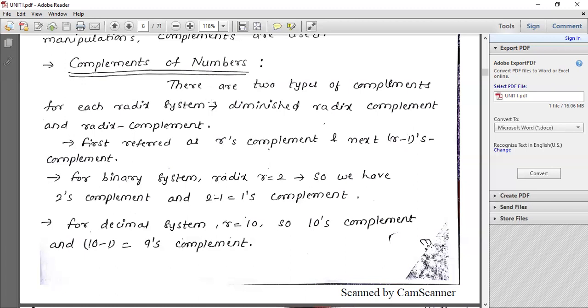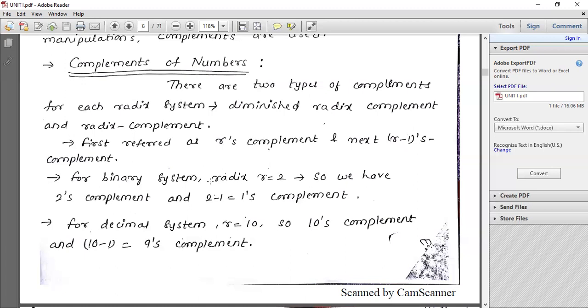Then the other radix is the diminished radix, which is 1 less than the radix, that is r minus 1. Suppose the radix complement is represented as r's complement, then the diminished radix complement will be represented as r minus 1's complement. So for all the number systems we have used so far, there exist two types of complements: radix complement as well as diminished radix complement.